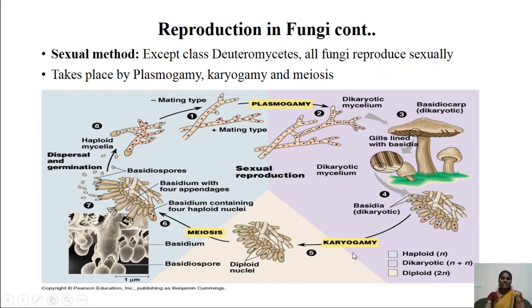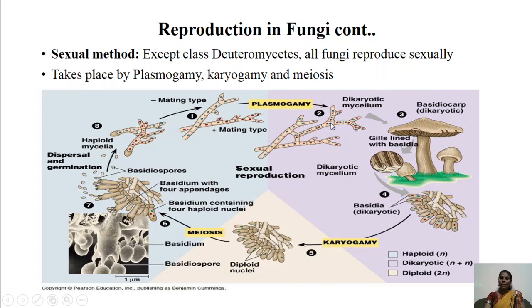In this diagram we can observe sexual reproduction taking place in fungi, where two hyphae of opposite strain come close together. The first phenomenon is plasmogamy, that is mixing up of the protoplasm, which results in the dikaryotic mycelium where two nuclei are present inside a single cell.